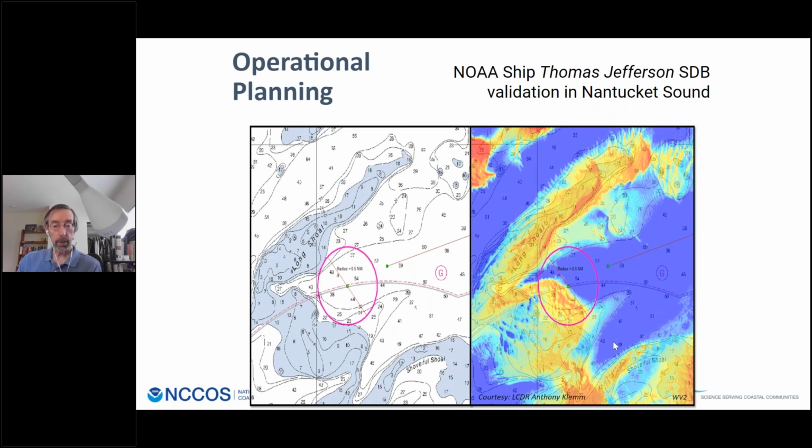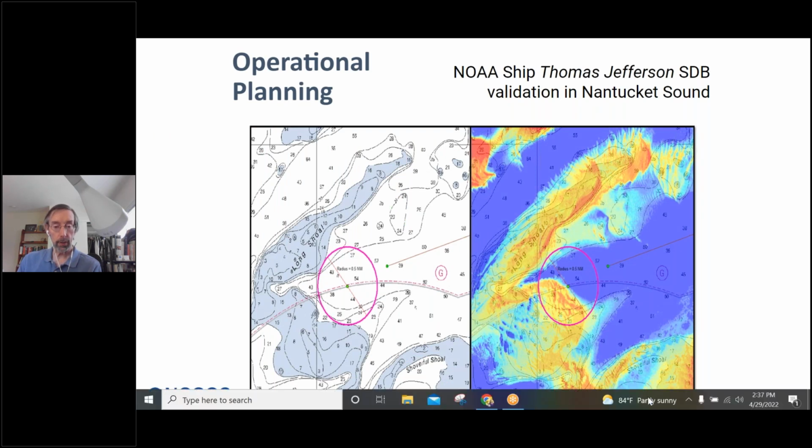Example here, this is up on Nantucket Sound, and the NOAA ship was planning on deploying locations, and you can see the red circle is a zone around a potential point for a ship to go. On the original chart, that would have been deep water, perfectly fine for a ship like the Thomas Jefferson, but the shoal has moved substantially.